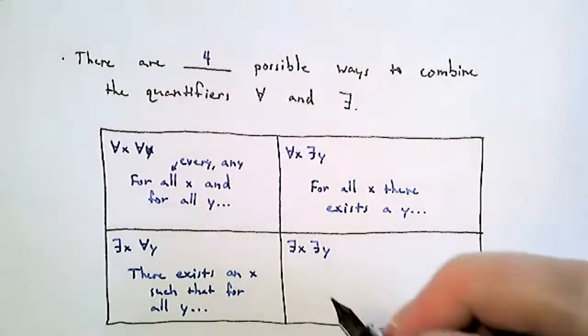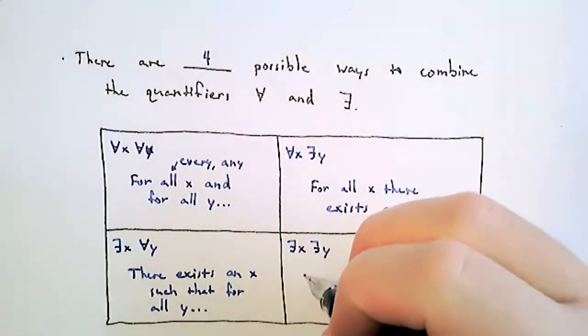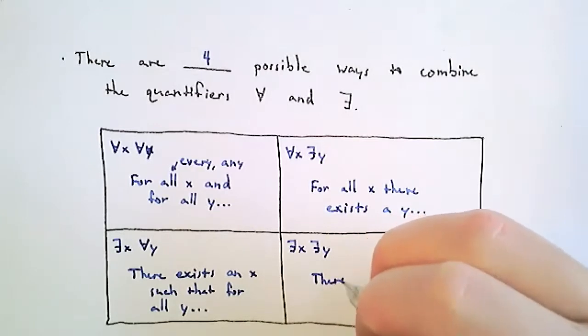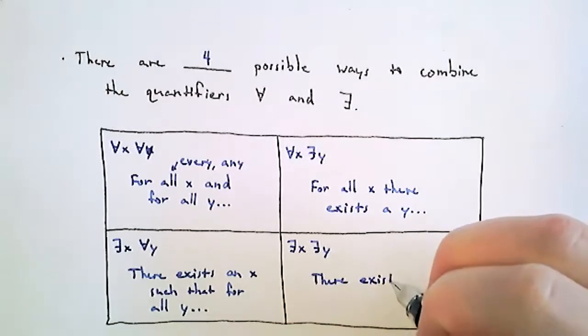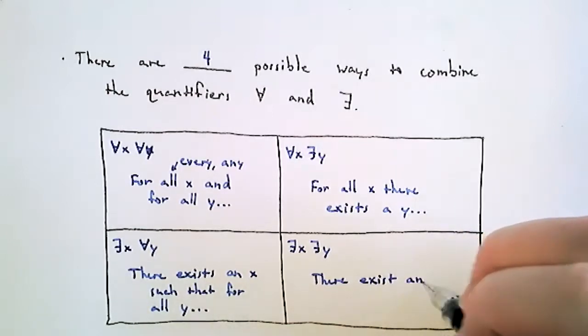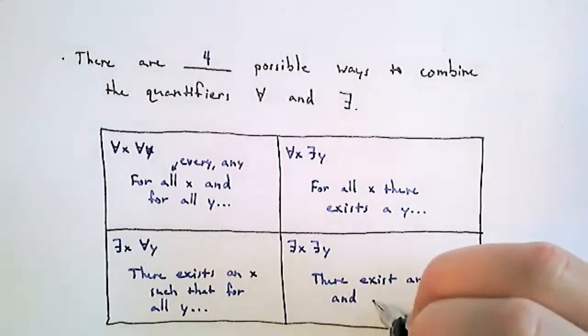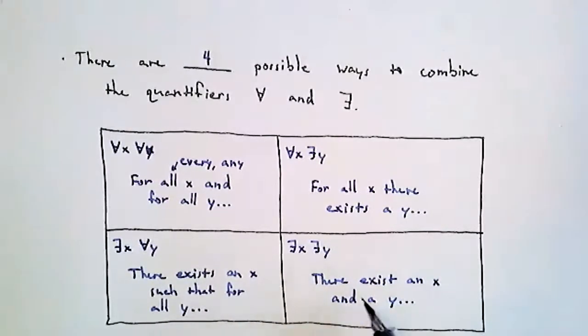And this one, a common way to say it in English would be there exists an x and a y. And then you would finish off your sentence.